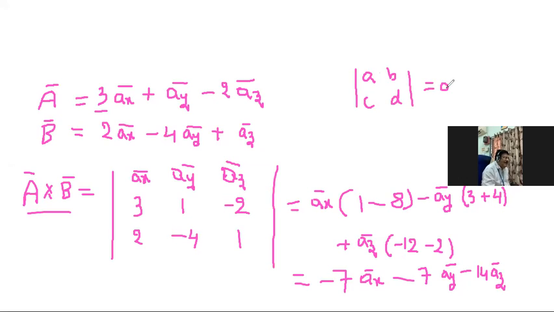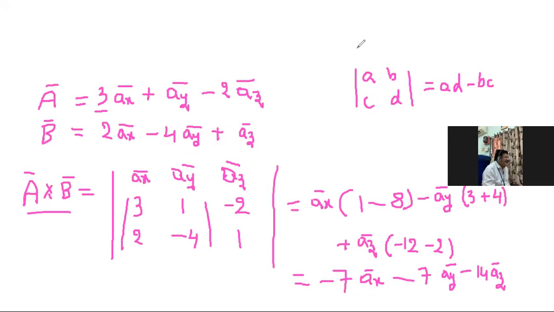So here Ax into the determinant of this matrix is nothing but 3 into -4.